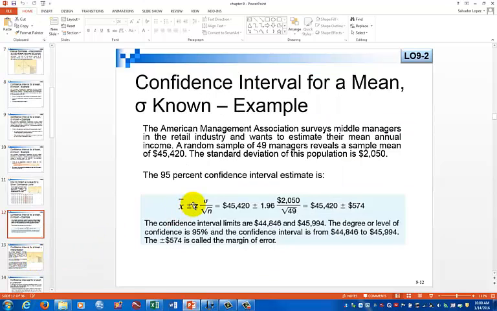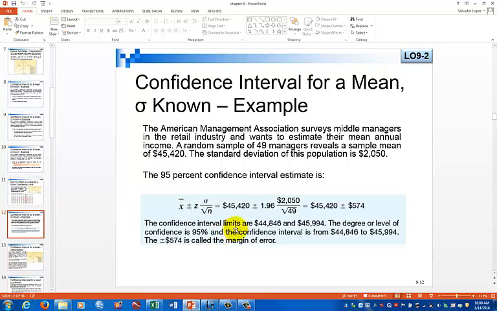So our confidence interval will be equal to 45,420, the sample mean, plus minus 1.96 times the standard deviation of the population, 2050, divided by the square root of n, which is 49. Once you do that, you get 574 as your margin of error.